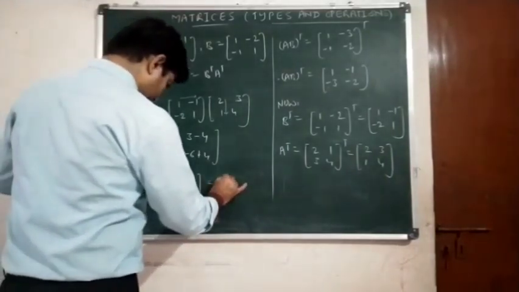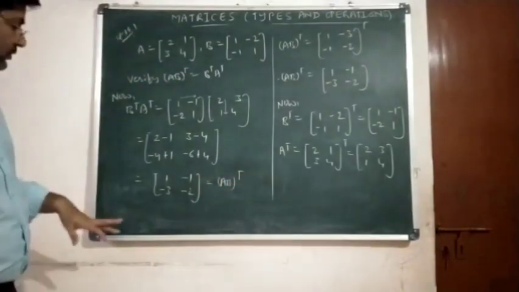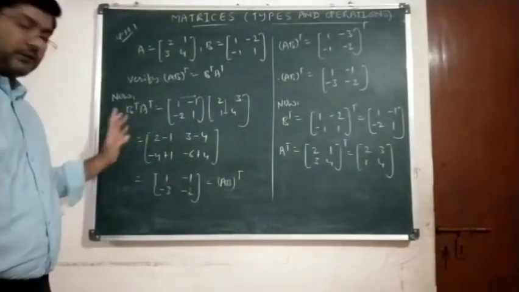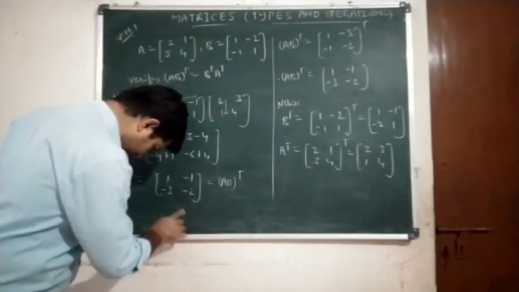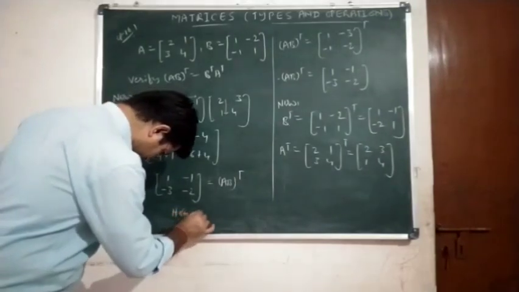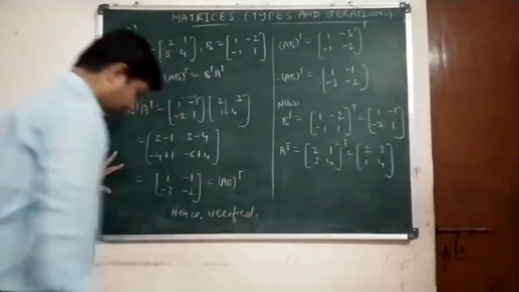And which is equal to AB whole transpose. So thus we have proved that AB whole transpose is equal to B transpose A transpose, hence verified. Clear?